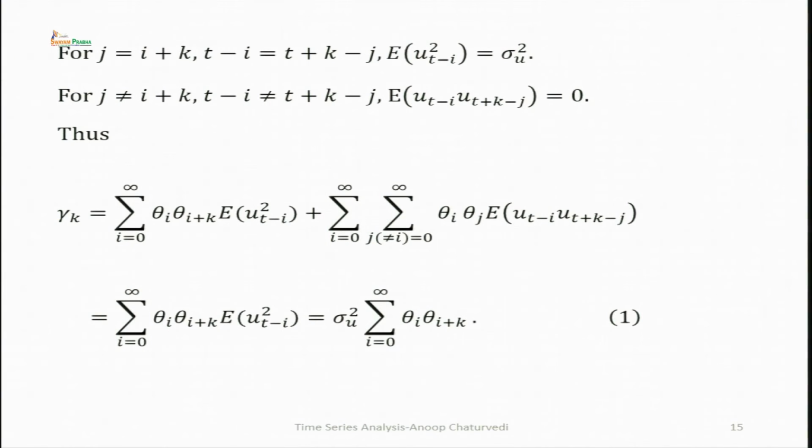So, for k equal to 0, you can easily obtain the variance of the process: sigma squared u summation i equal to 0 to infinity theta_i squared. So, you have the autocovariance, you have the variance. So, you can easily obtain the autocorrelation function.